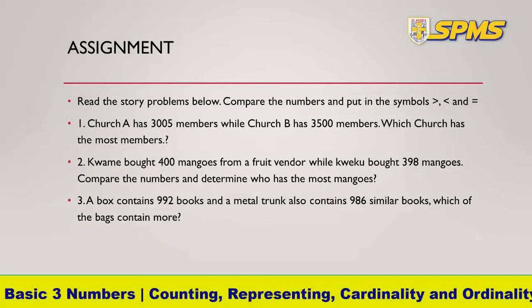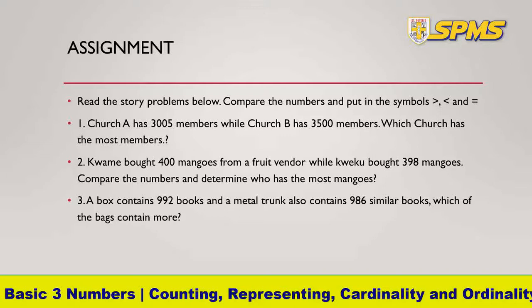Okay, read the story problems below. Compare the numbers and put in the symbols greater than, less than, and then equal to. So number 1, Church A has 3,005 members, while Church B has 3,500 members.